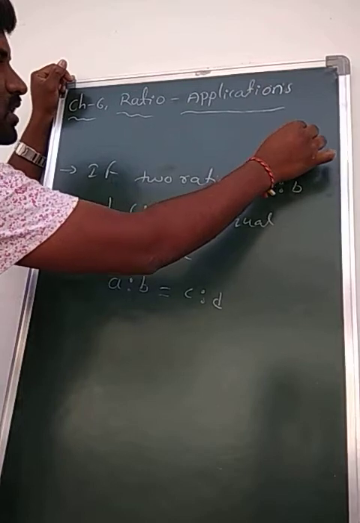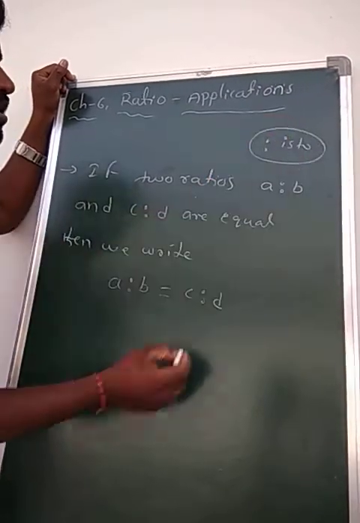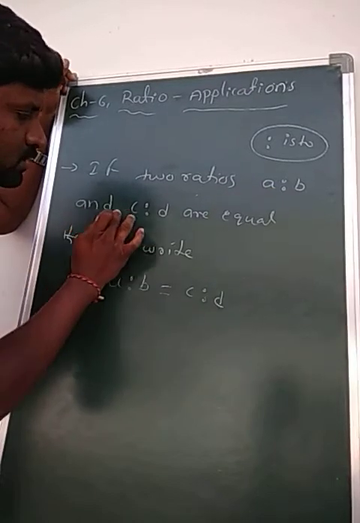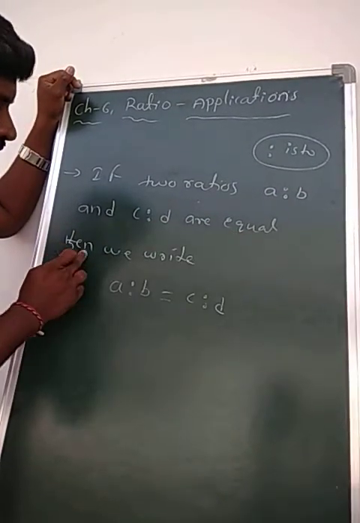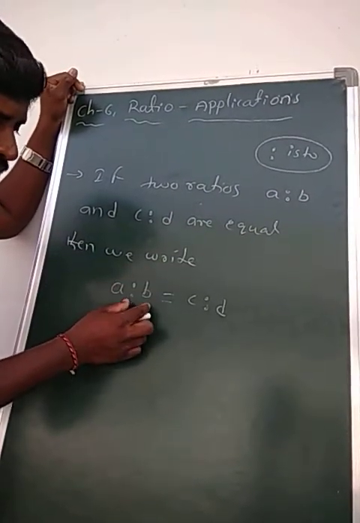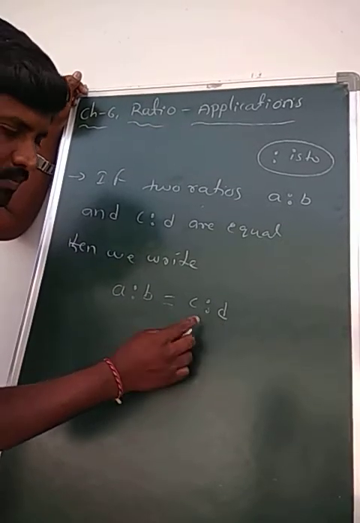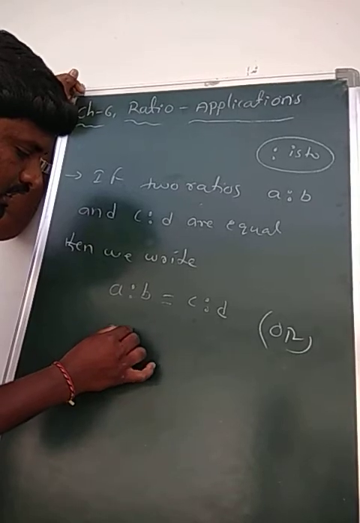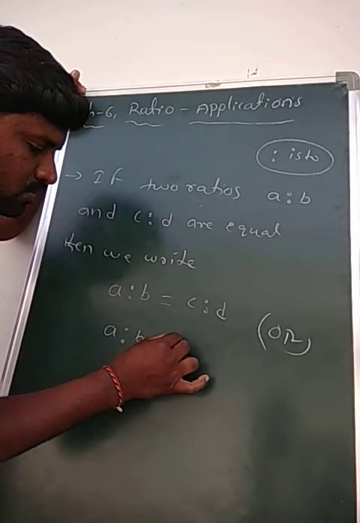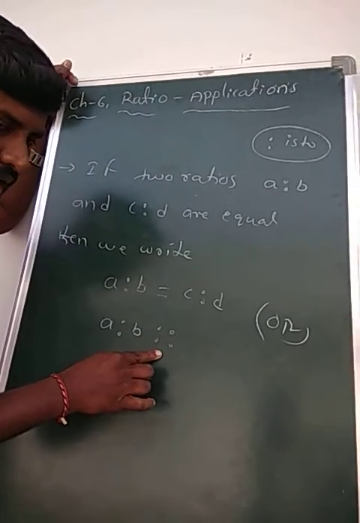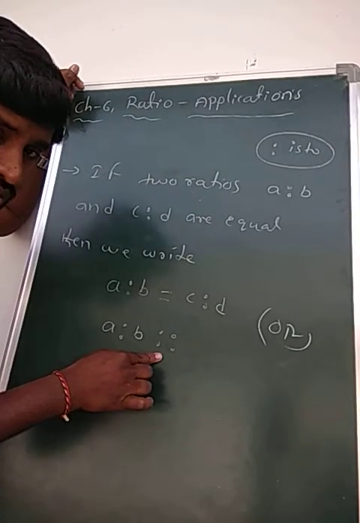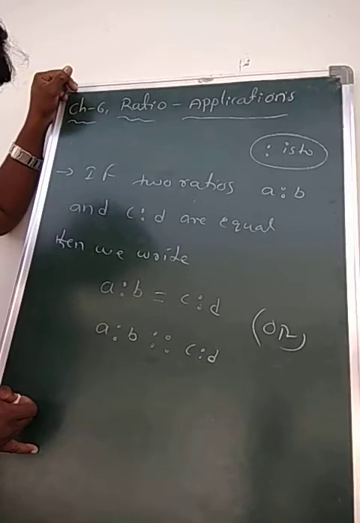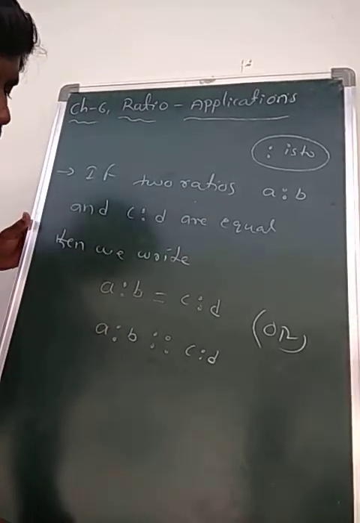So if two ratios A is to B and C is to D are equal, then we write A is to B is equals to C is to D, or you can write like this: A is to B is as, or is proportionate to, C is to D.